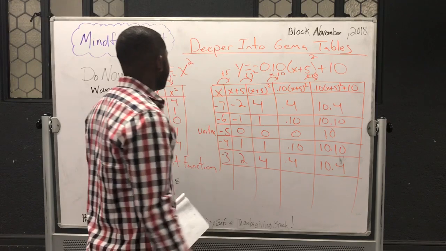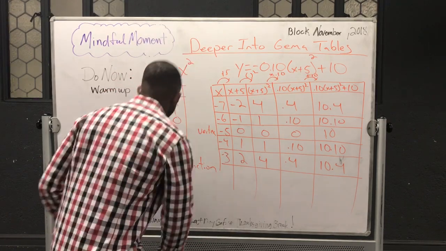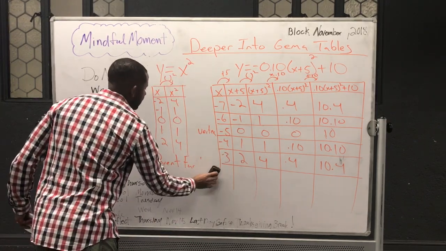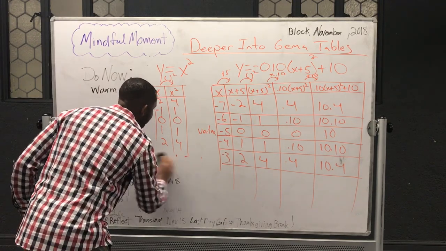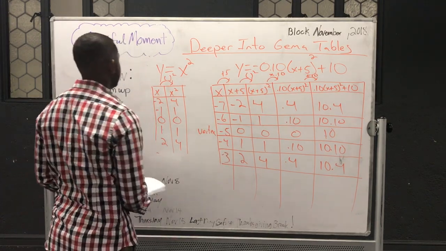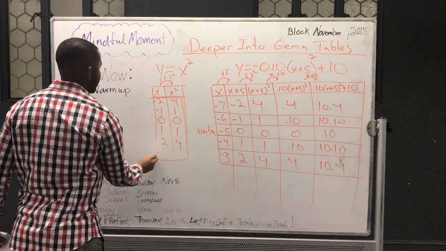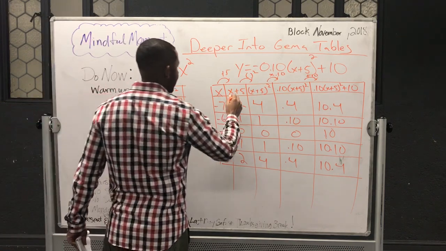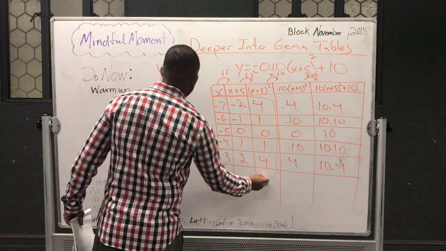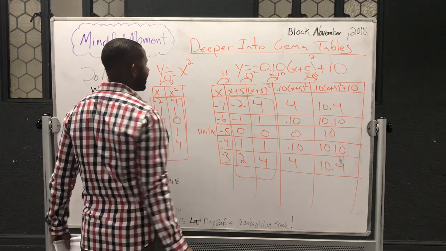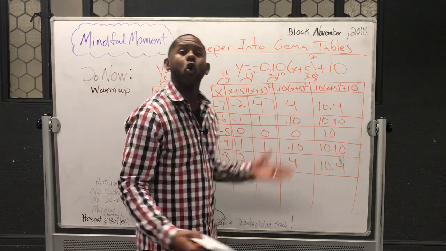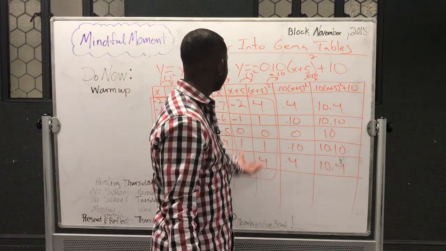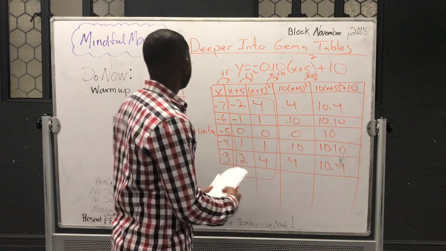But there are a couple of things that I want you to notice. So I'm not gonna erase this. First, this parent function that we were talking about. Look at this function right here, and look at it right here. The exact same parent function will always happen right in the middle of this table, okay?